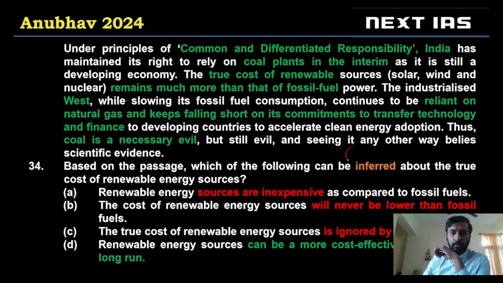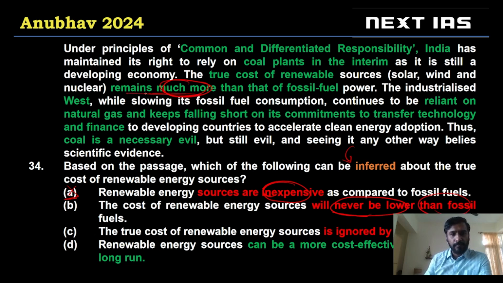So isme we are again looking for inferences. Let's see which of these is a valid inference. A says renewable energy sources are inexpensive. If you notice, they are much more expensive, right? So inexpensive is incorrect. The cost of renewable energy sources will never be lower than fossil fuels. So if you notice यहाँ पे क्या लिखा है?